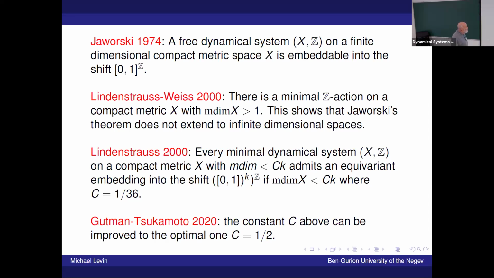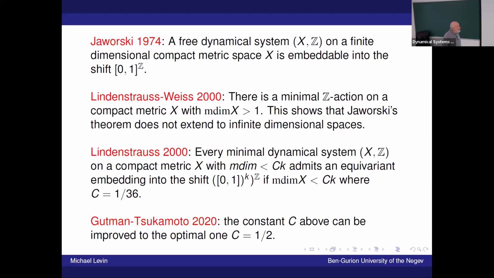Okay, so the problem was to find the optimal estimate for C. In earlier work, Lindenstrauss and Weiss showed that it can be bigger than 1/2, and Gutman and Tsukamoto, in very impressive work using signal processing, showed that this optimal estimate is achieved.